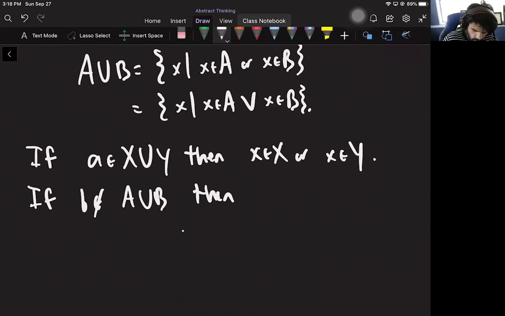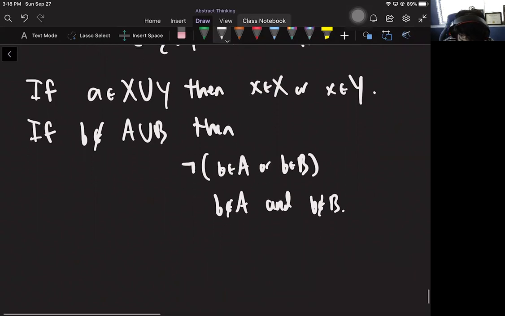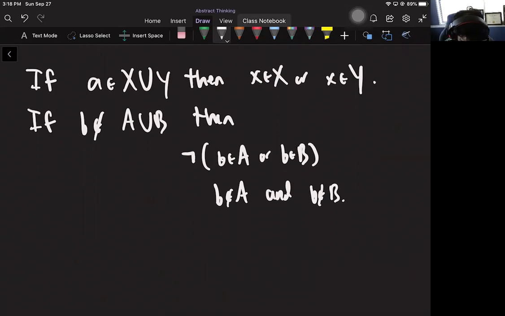That means that it's not the case that it's in A or B, meaning that using De Morgan's law, it's not in A and it's not in B. So this one's a little bit easier to understand just using plain English. If X is not in this or that, that means it's not in either one. That's what this is really saying.